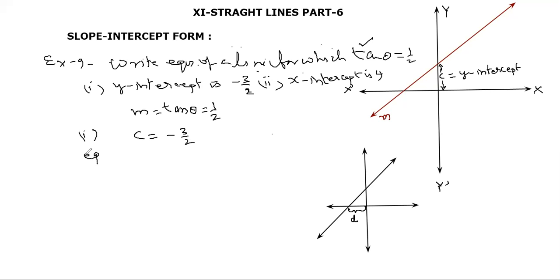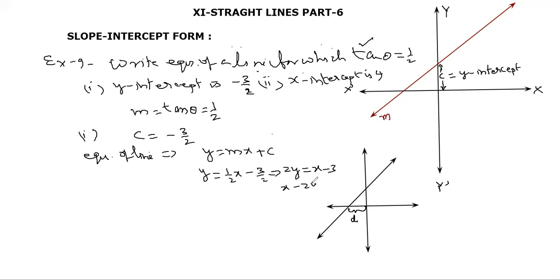Therefore, the equation of line will be y is equal to mx plus c. So y is equal to m is 1 by 2, x, c is minus 3 by 2. You can take the LCM. So this will become 2y is equal to x minus 3, or x minus 2y minus 3 is equal to 0.